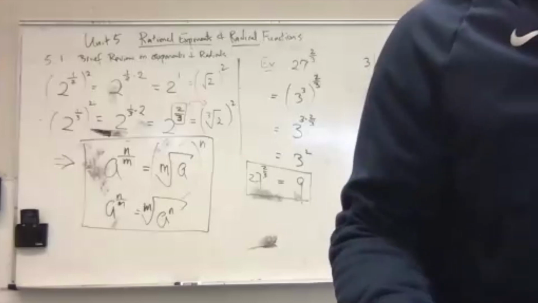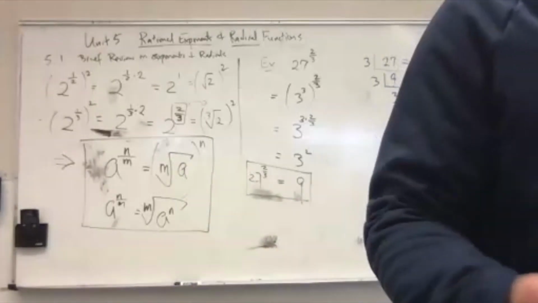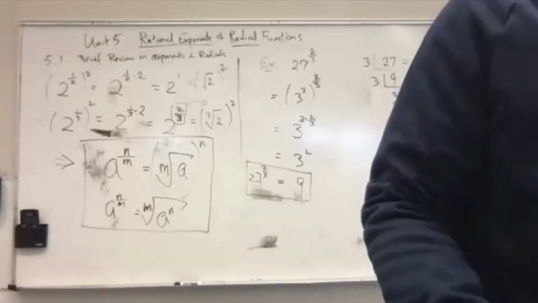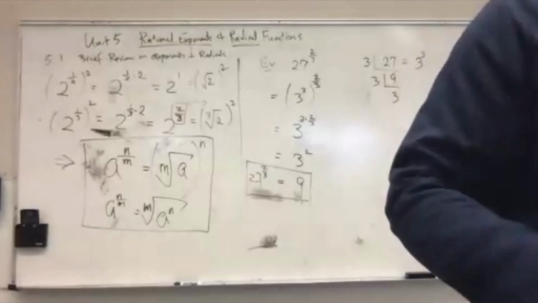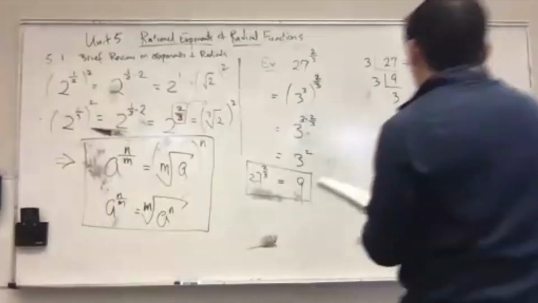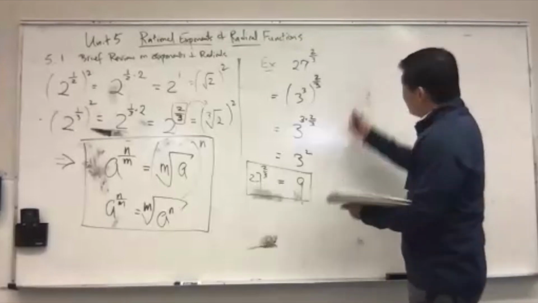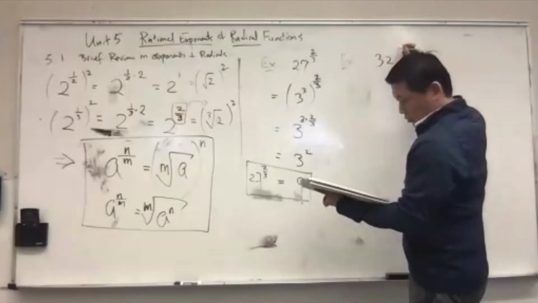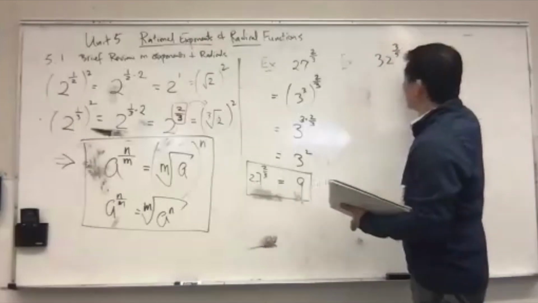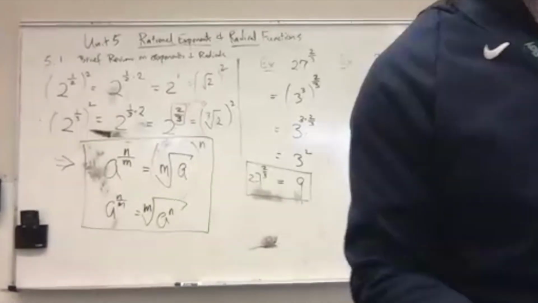And then they may say, what can you simplify that to in the smallest way possible? So in this case, I'll give you another one, right? You do the similar thing, the similar way, just for the practice: 32 to the 3/5 power. Go ahead and simplify this down, right? Simplify this down.